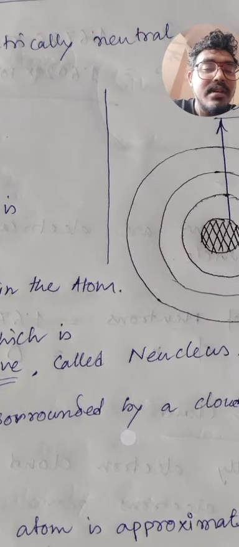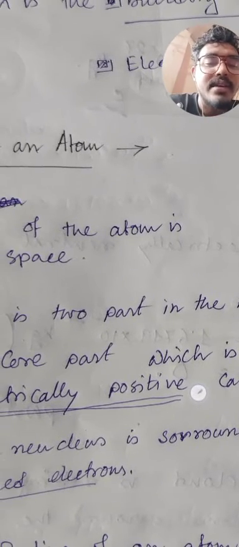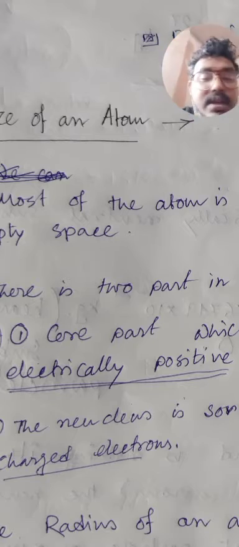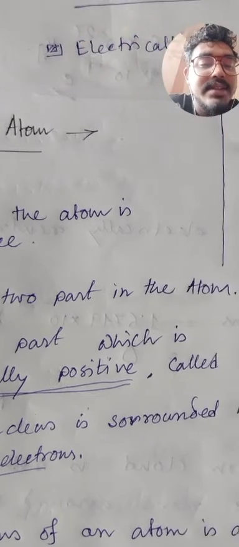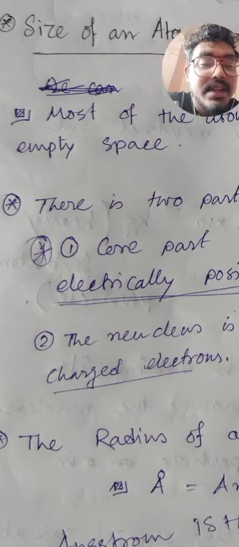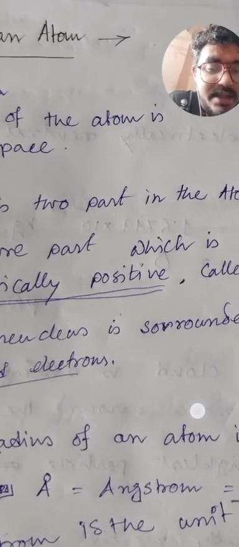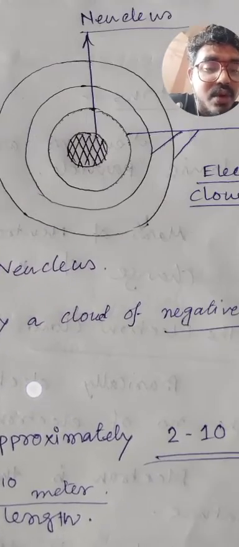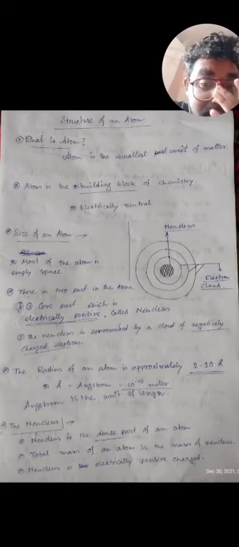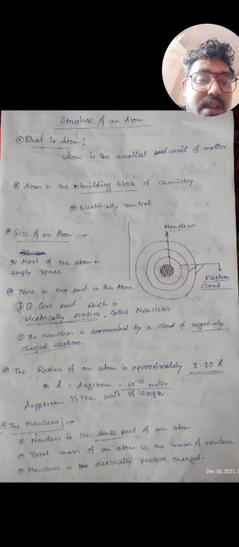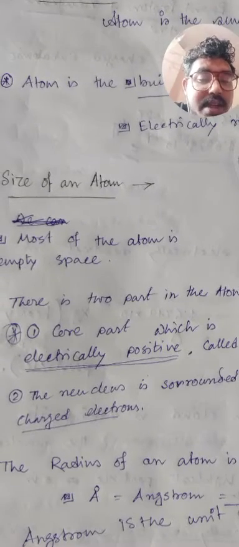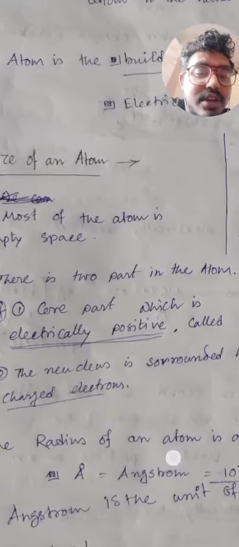Later I will explain why. The second part is the cloud of negatively charged electrons surrounding the nucleus. Note down that the core, the nucleus, is positively charged and the electron is negatively charged.